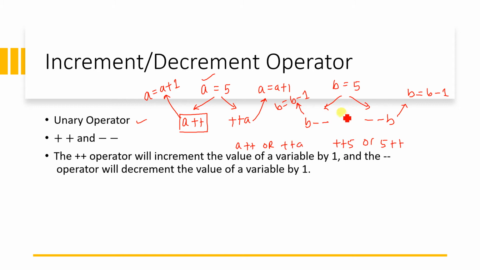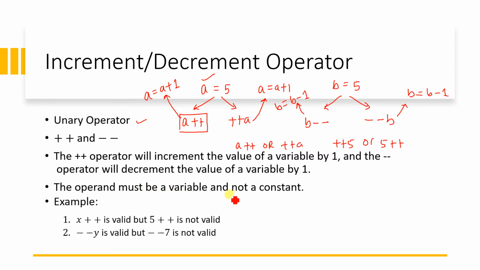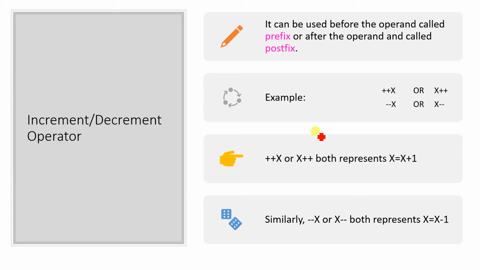A similar rule is applicable for the minus minus operator also. So that thing I have written over here: the operand must be a variable and not a constant. I have given two examples like this. I think you understand what exactly the plus plus operator means and what the minus minus operator means. So let us continue the discussion in the next slide.